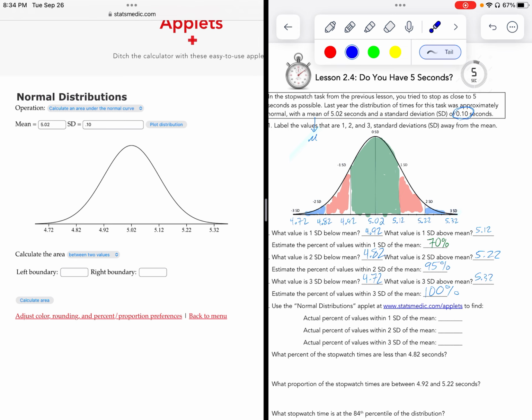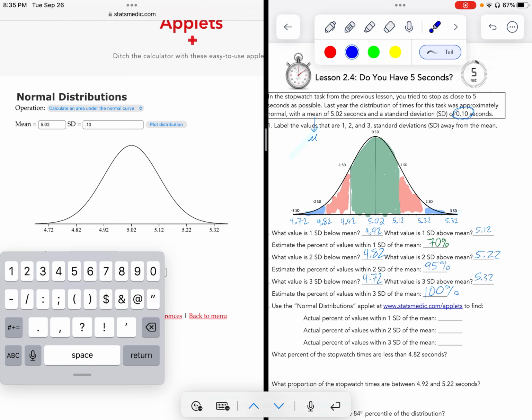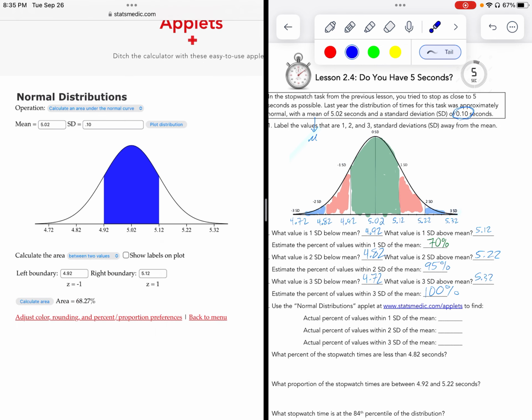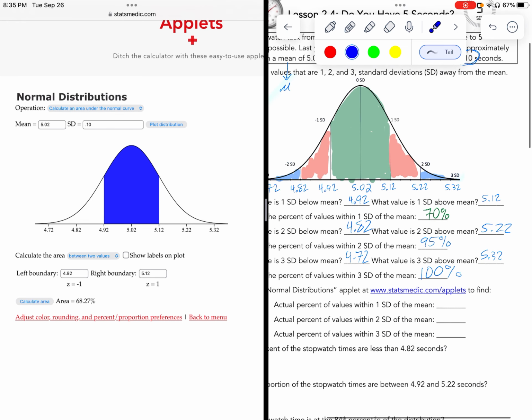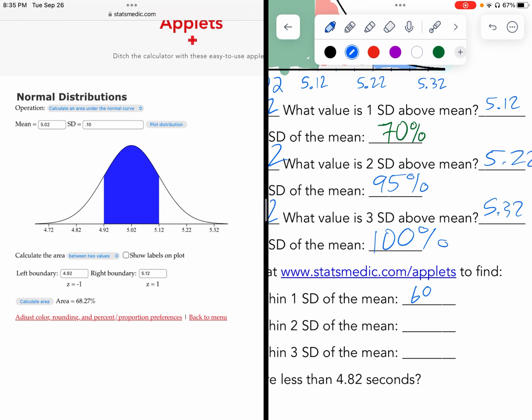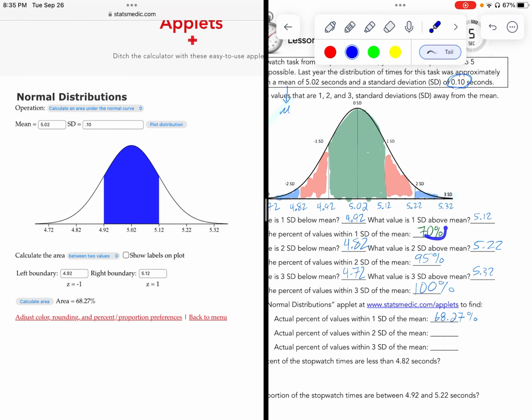I can find the area between any of these just by using the left boundary and the right boundary. Let's try this one here. The left boundary was 4.92, the right boundary would be 5.12. Then calculate the area, and it even shades it in for you. The exact percentage it's telling me is 68.27%. Up here I threw out a number of 70%, and I kind of knew where I was going.